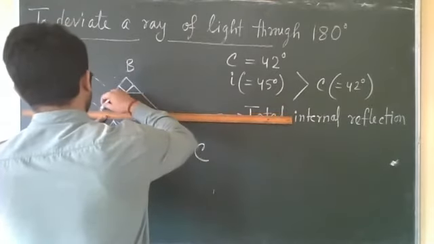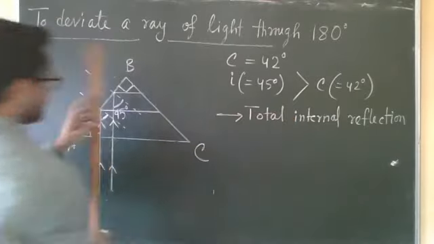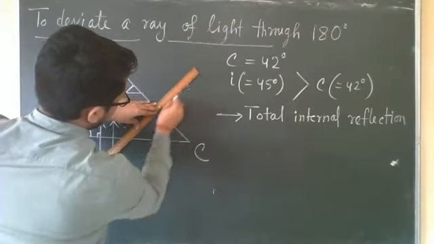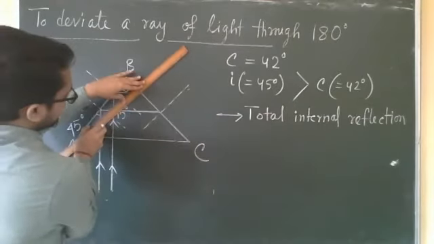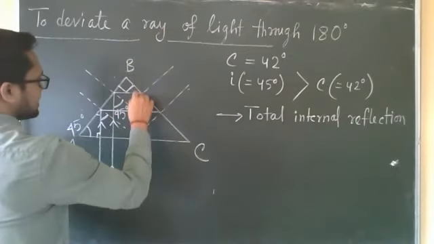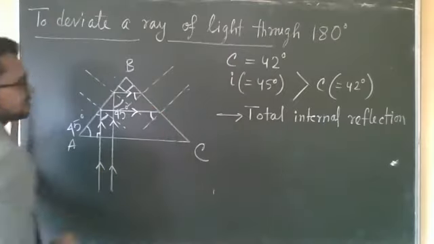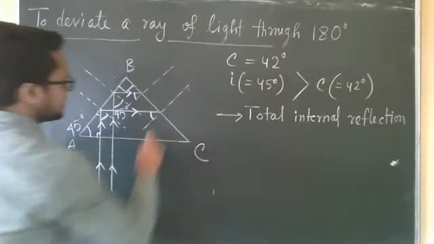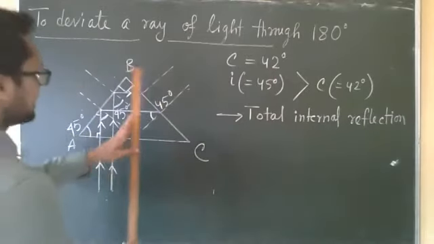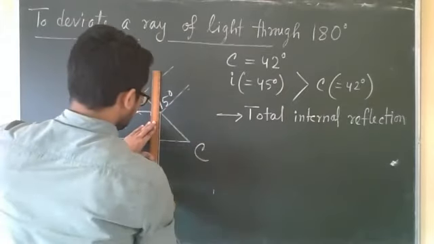Then again draw the normal here. This is the normal, here also this is the normal. Again this is the angle of incidence here, and again you will get 45 degree. So again that condition is matched, that means again total internal reflection, and it will go in this way.